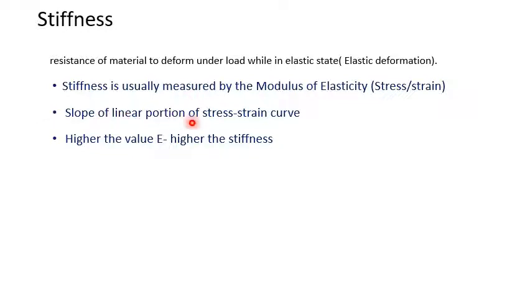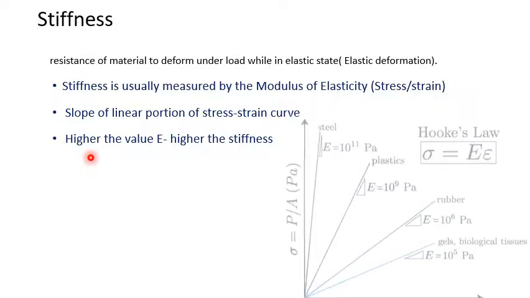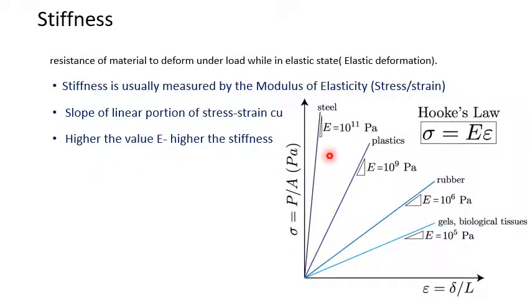The slope of the linear portion between stress and strain is the Young's modulus. The higher the value of E, the higher the stiffness. You can see the stiffness for various materials: for steel it is 10 power 11, for plastic 10 power 9, for rubber 10 power 6, and for gel 10 power 5.